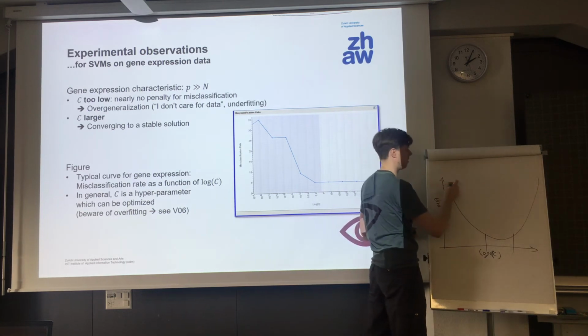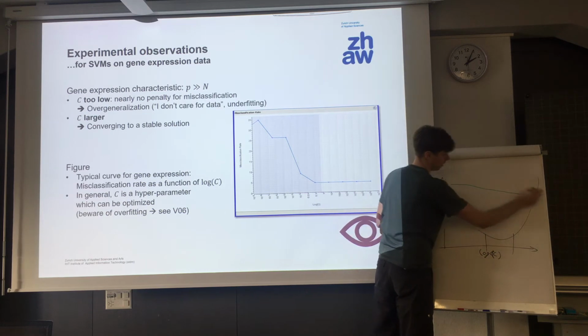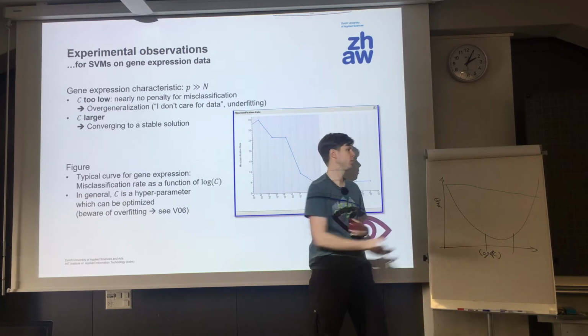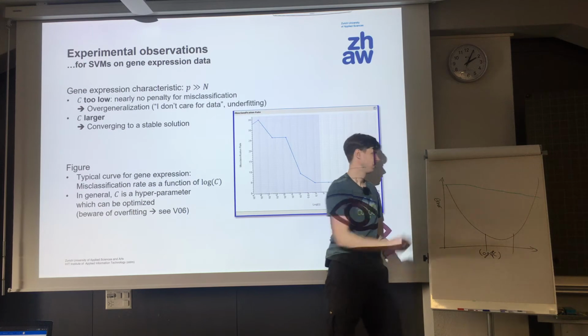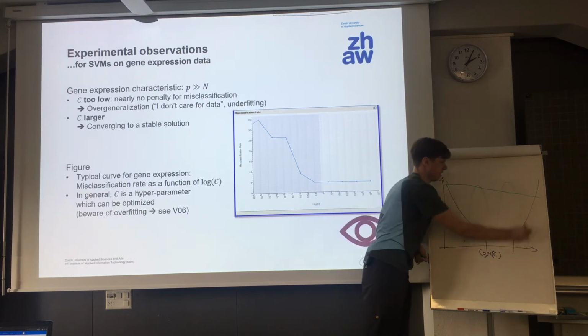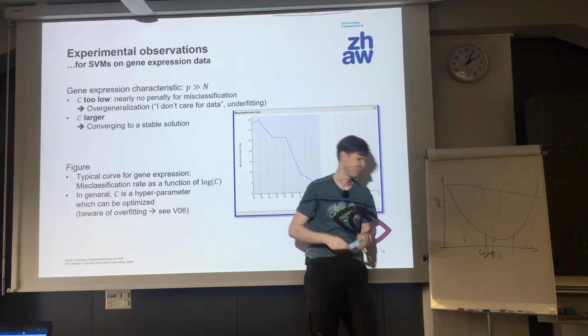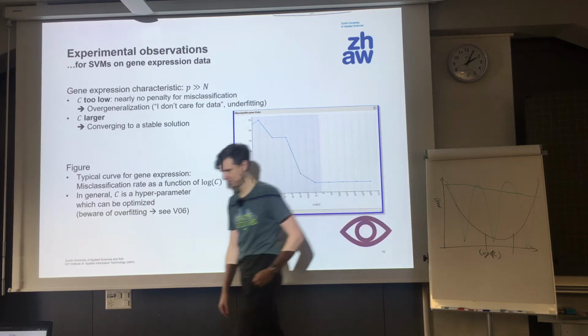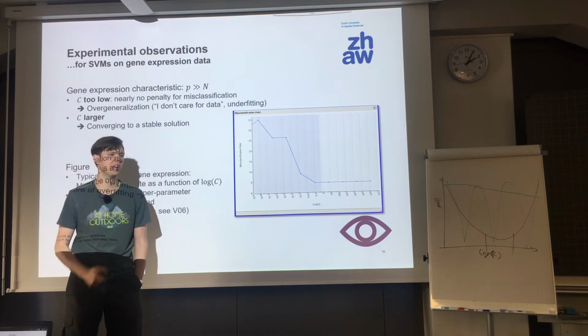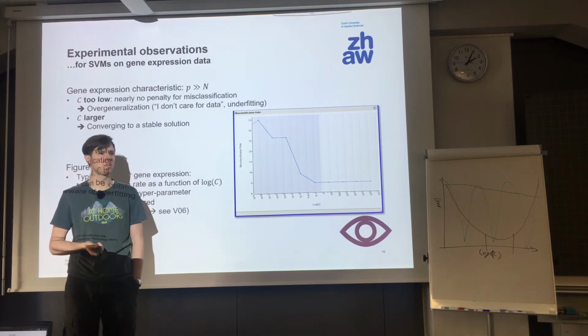If it looks like this, maybe you should go even smaller. If it looks like this, maybe there's a different problem in your data. Yeah, so subsampling can be something you can do.